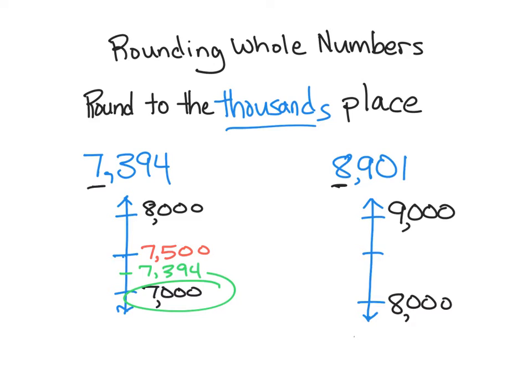Now, halfway between 8,000 and 9,000 is 8,500. So now we go and we plug in our actual number, which is 8,901. And we'd say, gee, that's bigger than 8,500. So we'd plug it in right here. And we would say this one rounds to 9,000.